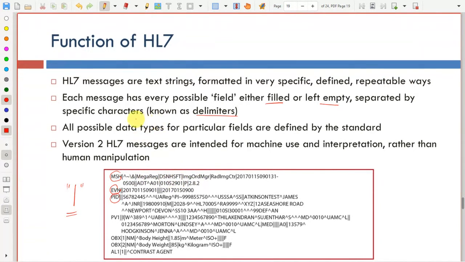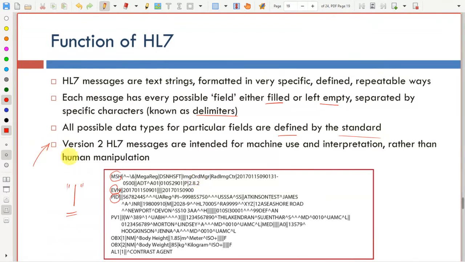You separate the fields by the delimiters, these special characters used as separators between the different fields. All the possible data types for particular fields are defined by the standard. So you don't have something called private fields, for example. Everything has to be standardized.